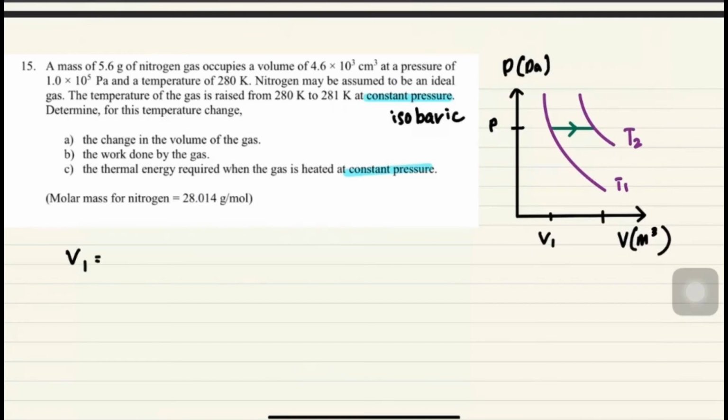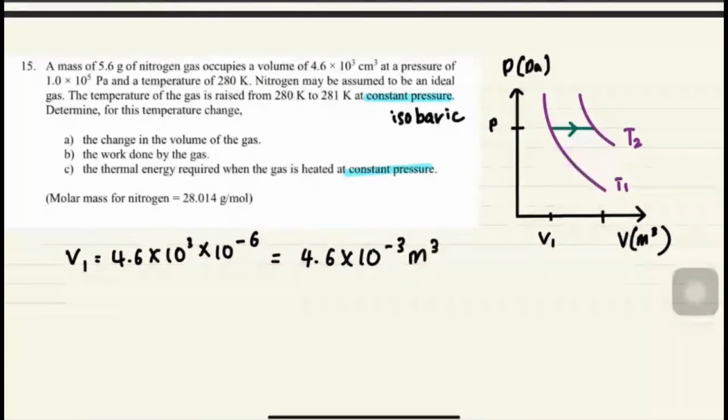V1 equals 4.6 times 10 to the power of 3. Say I want to convert to meter cube, it becomes what? Minus 3. Right. Maybe you don't have to change, but in this case I'm not sure whether it's needed, so I just convert to be safe.